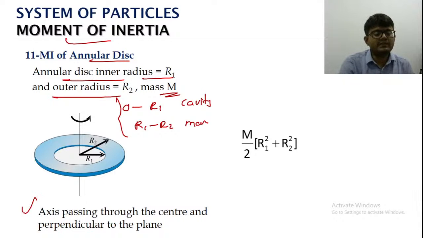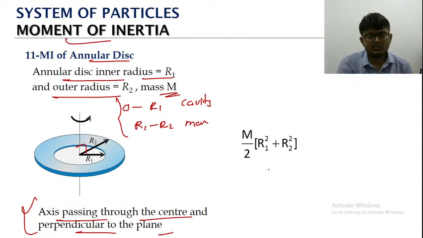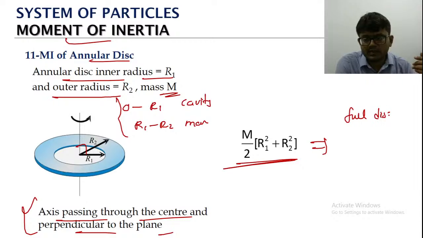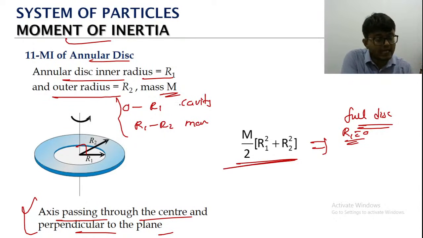If you take the moment of inertia about the axis passing through the center and perpendicular to the plane, this is like our principal axis type. What is the moment of inertia formula? M by 2 into R1 square plus R2 square. If it is a full disc, simply R1 will be equal to 0, meaning there will be no cavity.